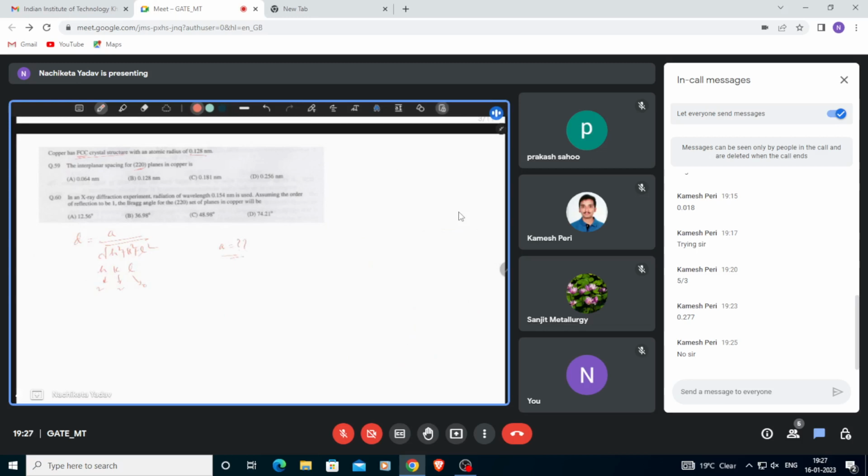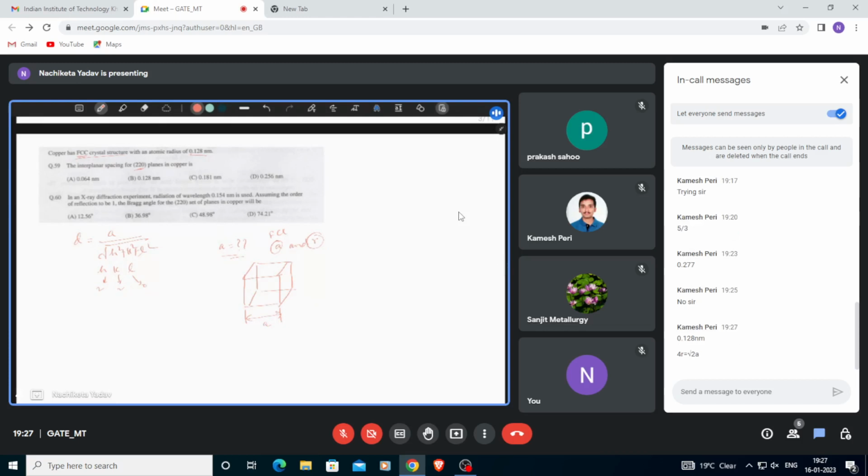This is FCC. So what is the relation between a and R? Atomic radius R, and this length is a, the lattice parameter.